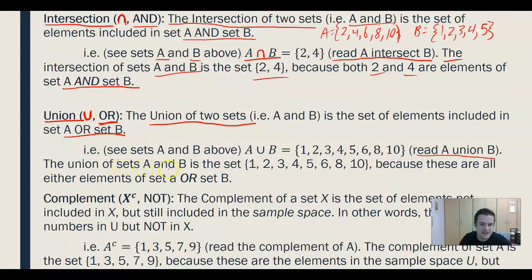The union of sets A and B is the set {1, 2, 3, 4, 5, 6, 8, 10} because these are all either elements of set A or set B.